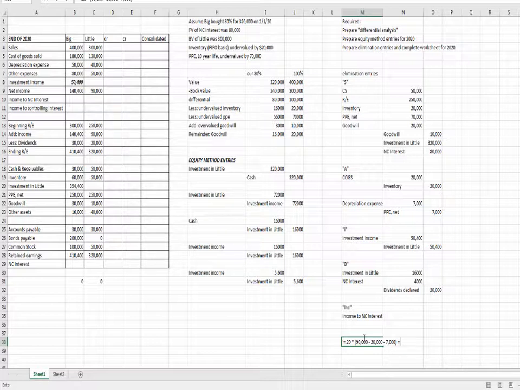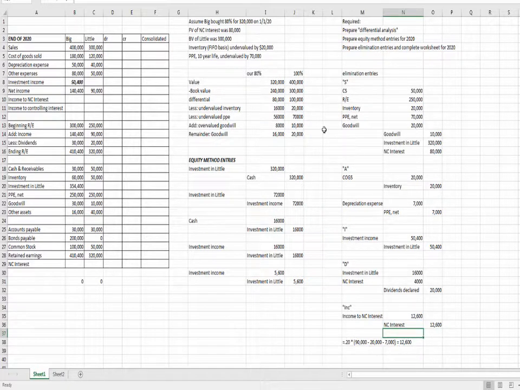So the adjusted earnings, 90 minus 20 is 70, minus 7, $63,000. 20% of $63,000 is $12,600. So the income to the non-controlling interest, and that adds to the non-controlling interest.